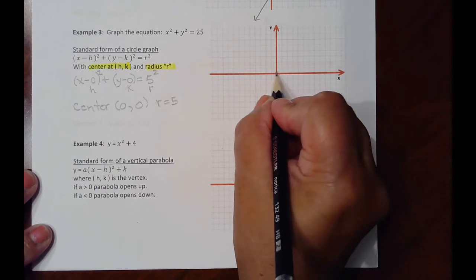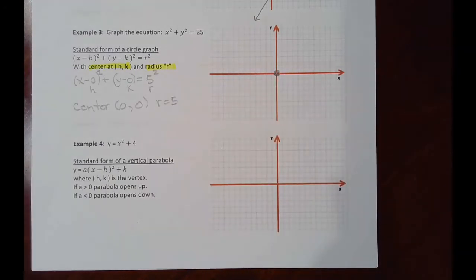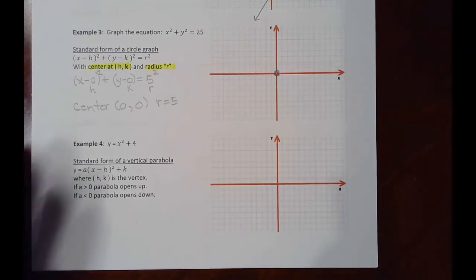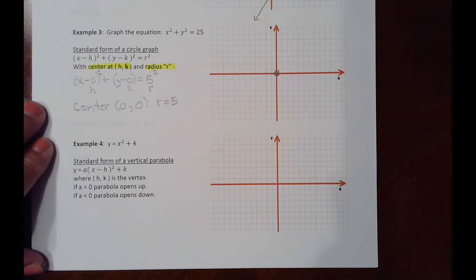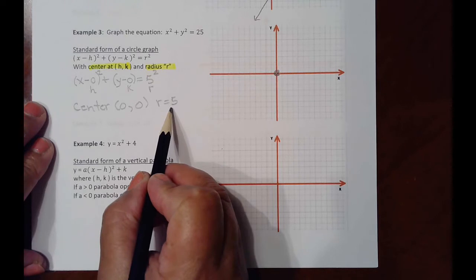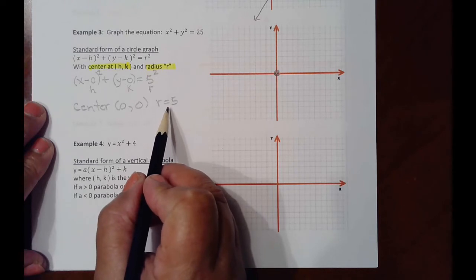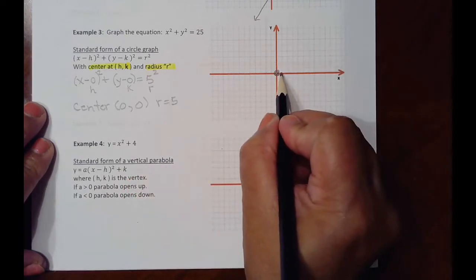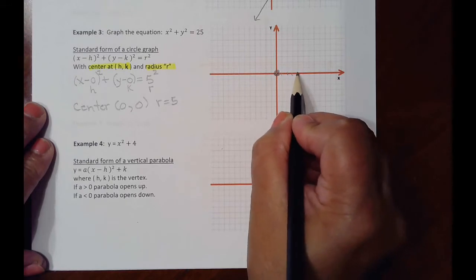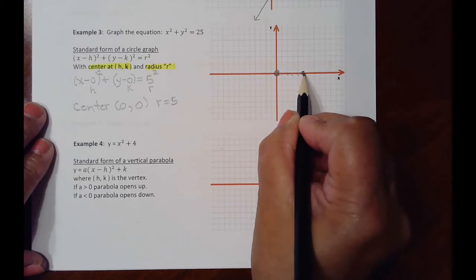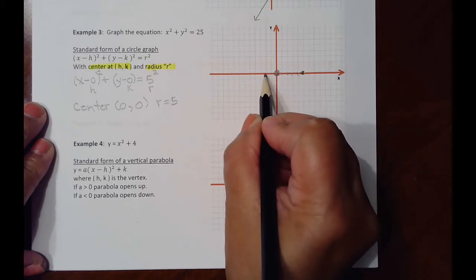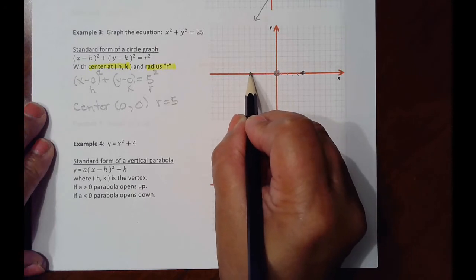So the way you graph a circle, don't bother graphing it on the graphing calculator. It's just way harder that way. All you have to do is go to your center point and then stretch out 5 units to the right, to the left, and up and down from that center point. So 1, 2, 3, 4, 5. Put a point there. Then go 5 the other way. 1, 2, 3, 4, 5.